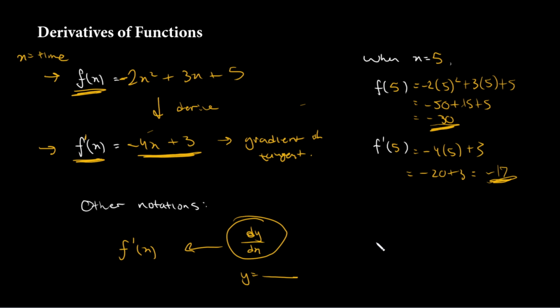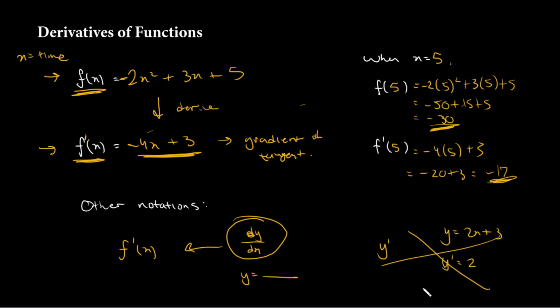And the least common way of writing a derivative is y apostrophe. So when you have a function, say y is equal to 2x plus 3, the derivative could be written as y prime is equal to 2. And honestly, stay away from this.